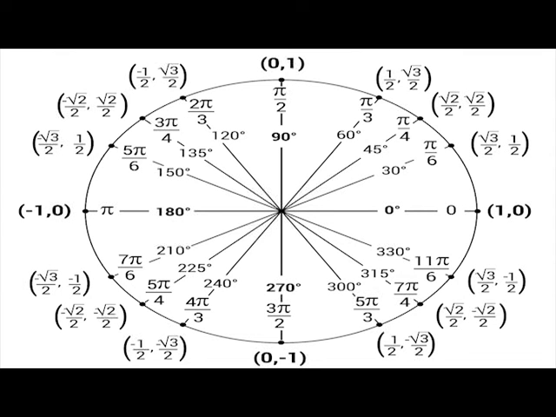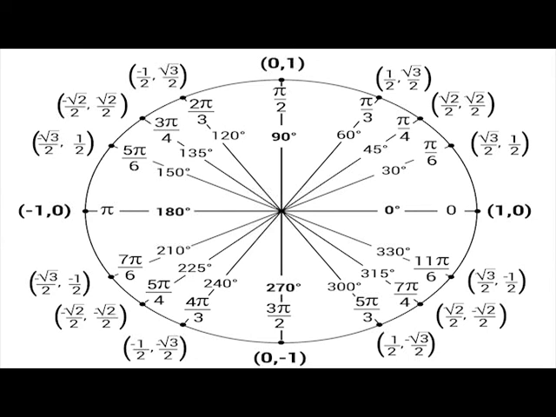Cosine is the x value, so we need to find positive square root of 3 over 2 for the x value. And we can see that at pi over 6, and we can also see that at 11 pi over 6. Sine is the y coordinate, so we need to find positive square root of 3 over 2 in the y coordinate.